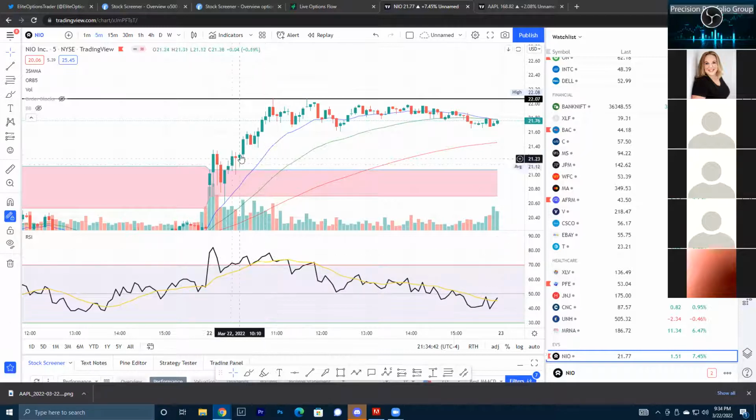So, let's say for the second one right here, if that's above the ORB, that's number one. Number two, if the price action is above all three moving averages. And then the last, if my RSI is above my moving average, these are my cue right now to go for long. Simple.